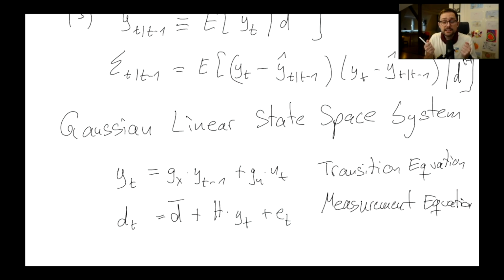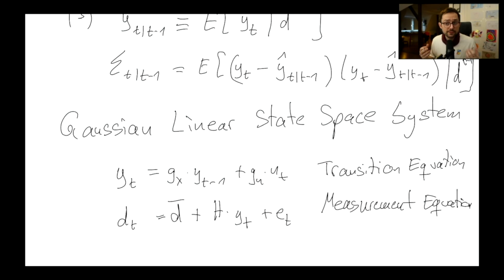Now the measurement equation links your model variables linearly to your observables. So basically your H matrix is just a bunch of zeros and ones. Most generally speaking, this is just a selection matrix H. There is measurement error possibly and a steady state for this. Okay, so this is my transition equation and my measurement equation.